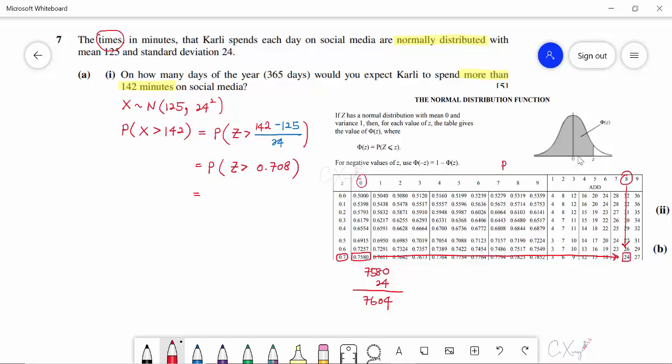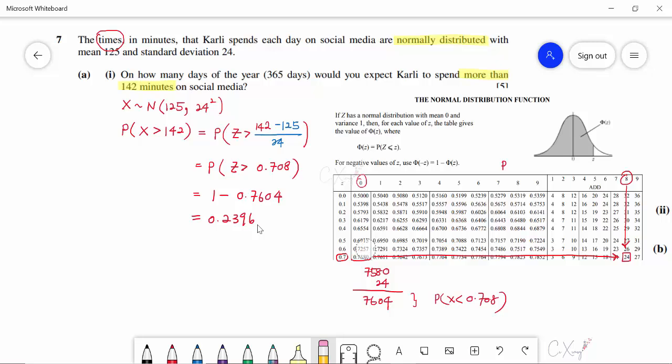So this is actually the value for x smaller than 0.708. They only give you the probability for smaller, but we are looking for the larger, right? Z greater than 0.708. So you have to take 1 minus 0.7604, and therefore you get 0.2396. So the probability here should be 0.2396.